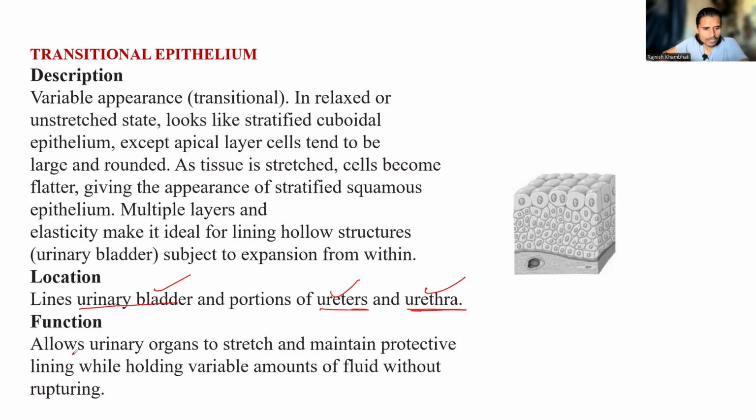The function: what is the function of this tissue? The function is to allow urinary organs to stretch and maintain a protective lining. Whenever you apply a stretching force, it won't get hurt because it is highly elastic, while holding variable amounts of fluid without rupturing.